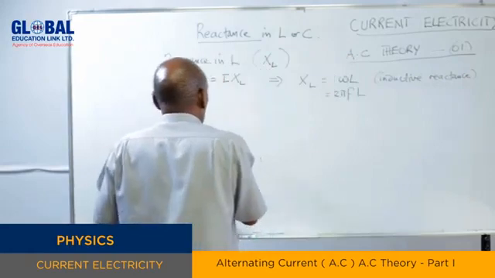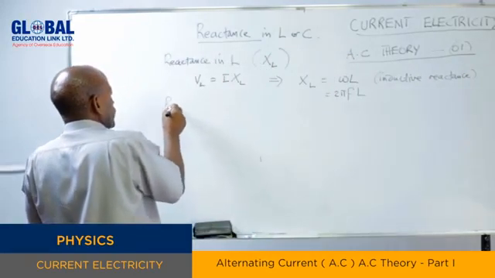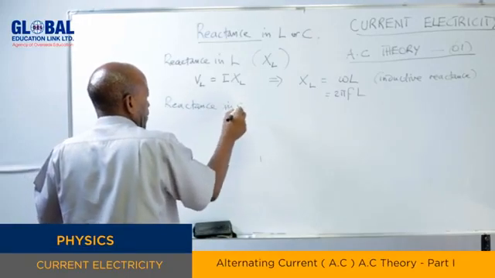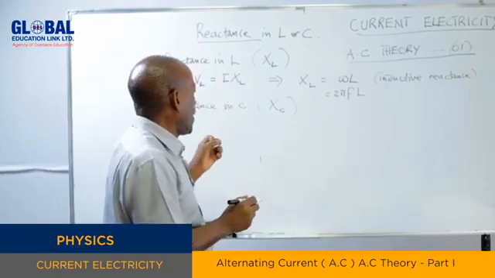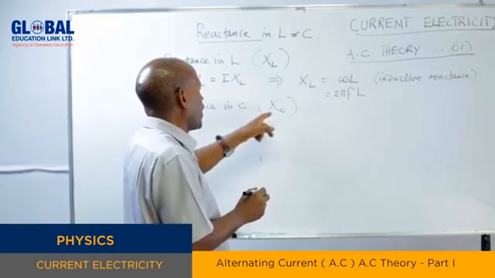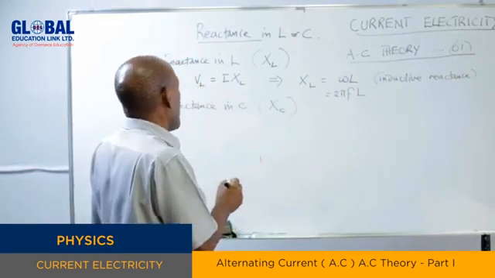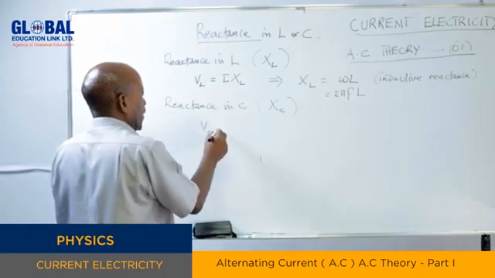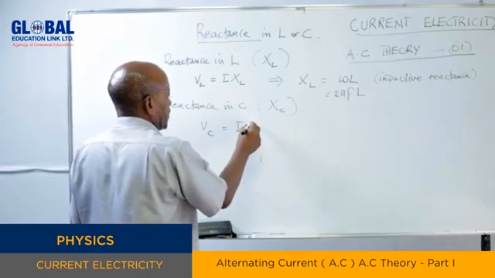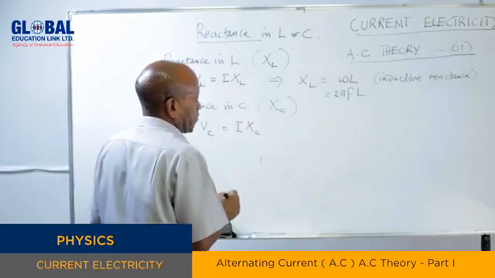But for a capacitor, we have what we call reactance, X sub C. This is what we call capacitive reactance. The voltage through a capacitor is just equal to the current times the capacitive reactance.